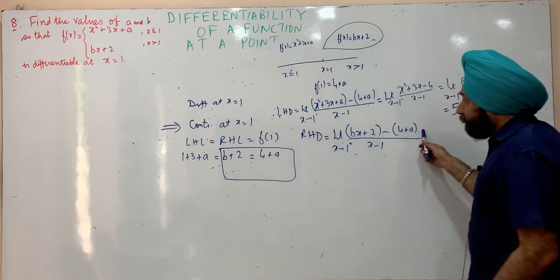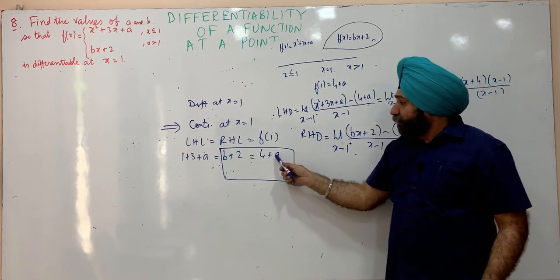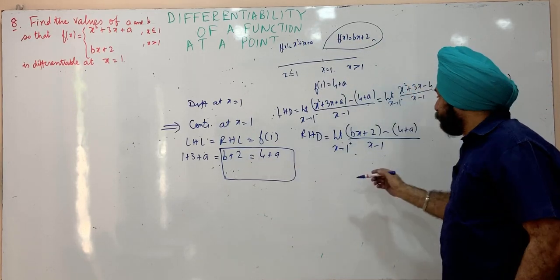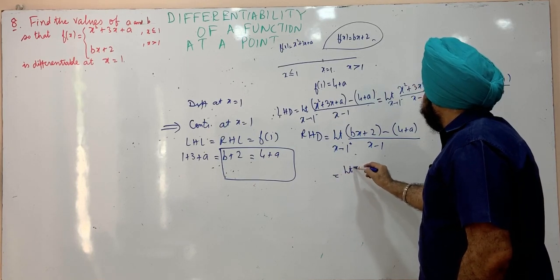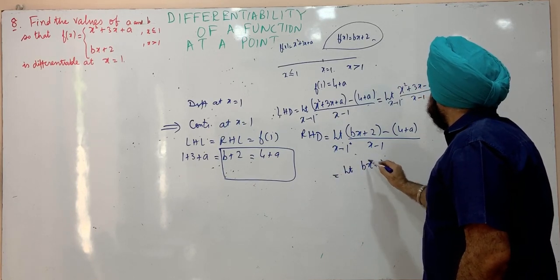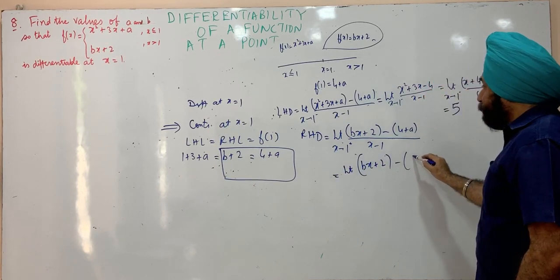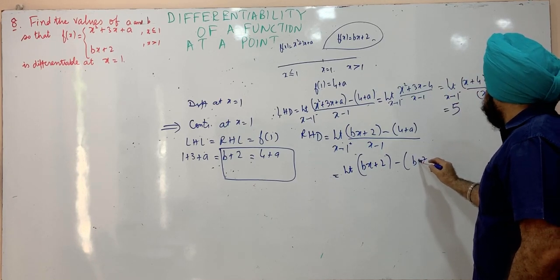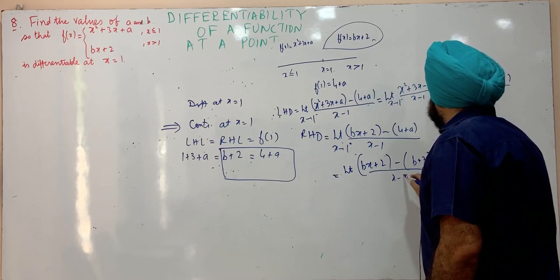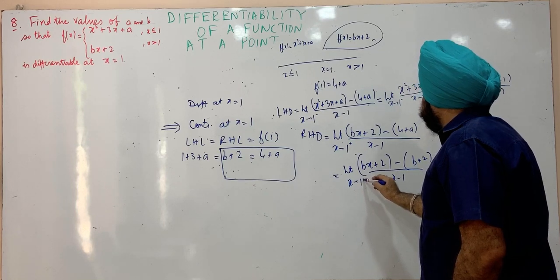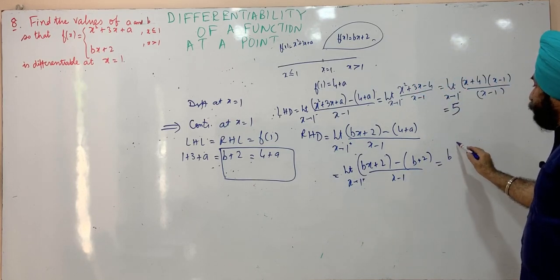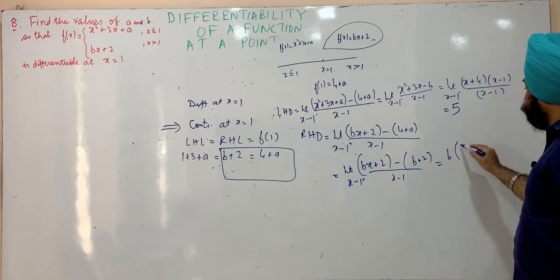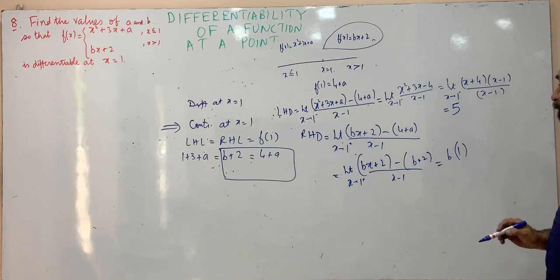Now to evaluate this limit, we will replace value of 4 plus a by b plus 2. That's limit bx plus 2 minus, 4 plus a is b plus 2, upon x minus 1 as x approaches 1 plus. That's b common, x minus 1 will cancel out, so this is b.